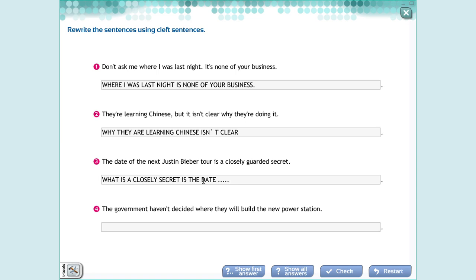So how can I say? Where the government will build the new power station é algo que não foi decidido.